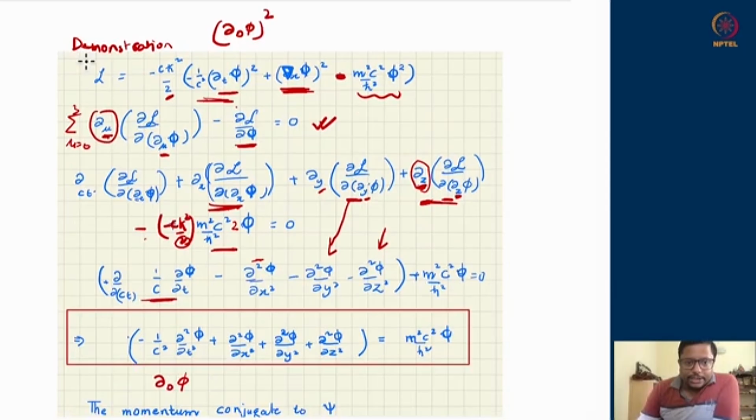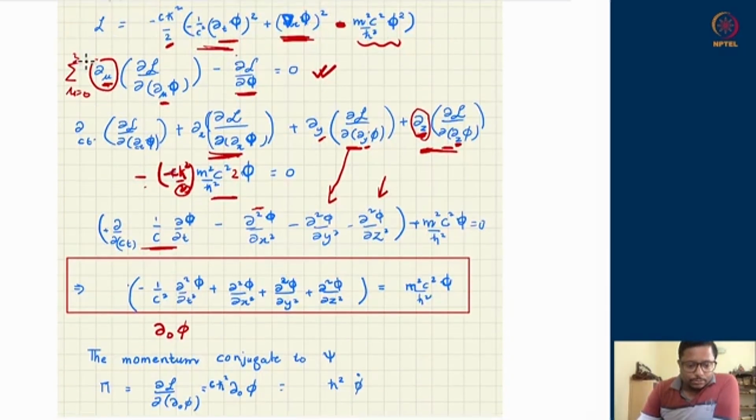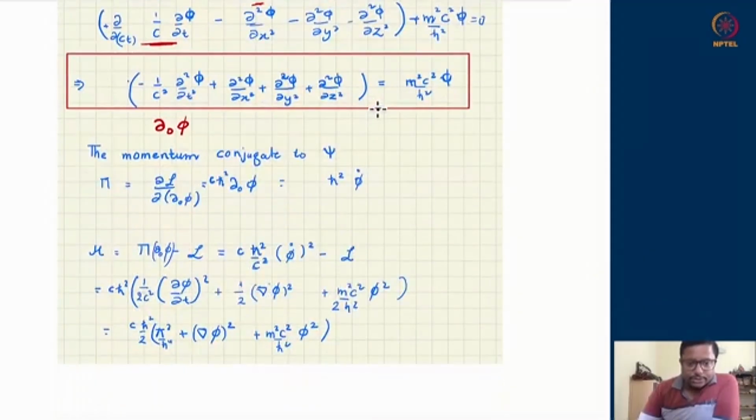When I take the derivative with respect to del 0 phi, only this term comes into the picture, and its derivative gives twice del 0 phi. Outside there is a minus h bar square, and inside there is a minus, so overall a plus sign. Outside also there is a factor of 2 downstairs, and h bar square outside. So ultimately I'm getting h bar square del 0 phi. That's what I should get.